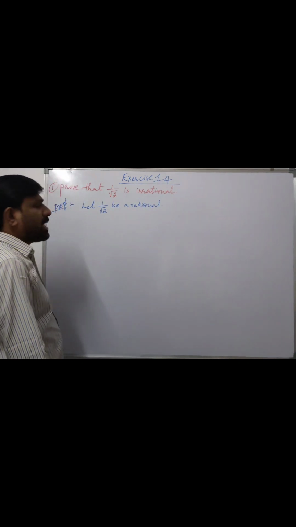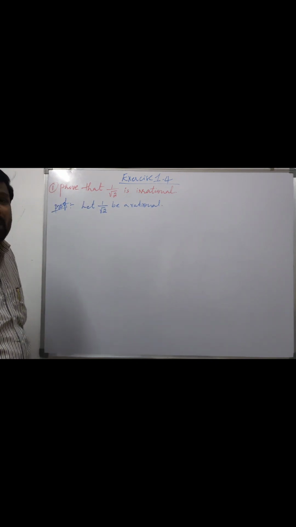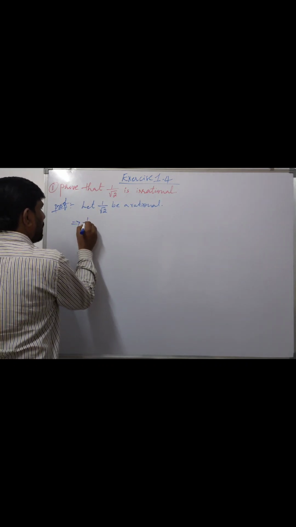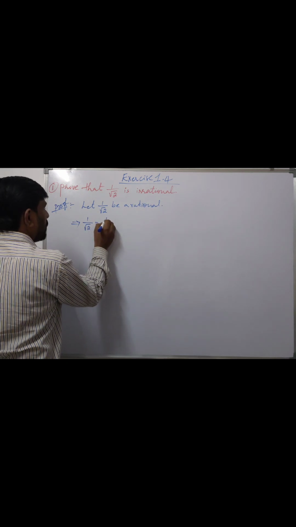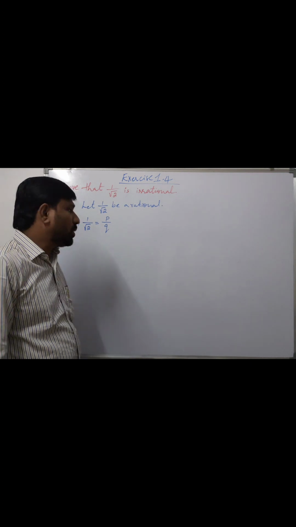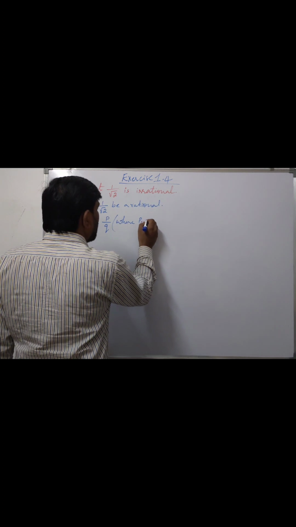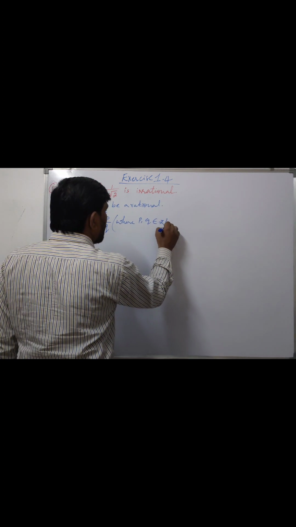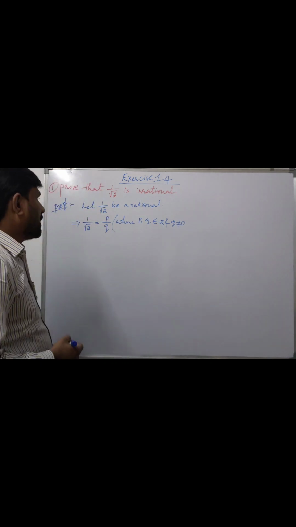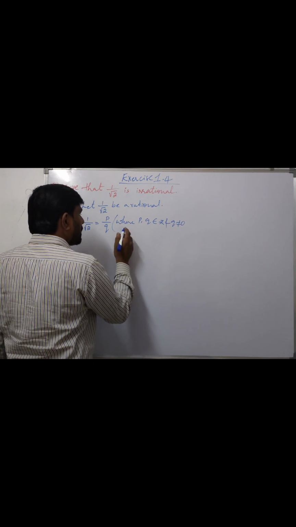Once it is rational, it should be in the form of P by Q. That implies 1 by root 2 is equal to P by Q, where P, Q are integers and Q is non-zero. At the same time, we have to assume P and Q are also co-primes.